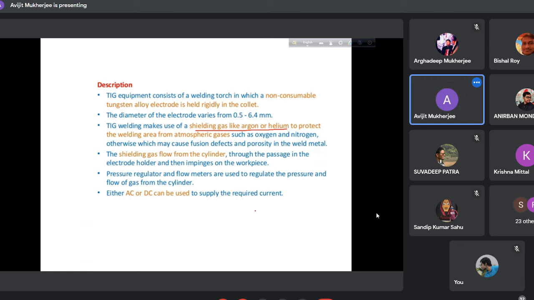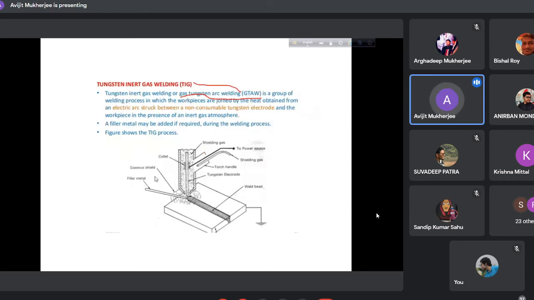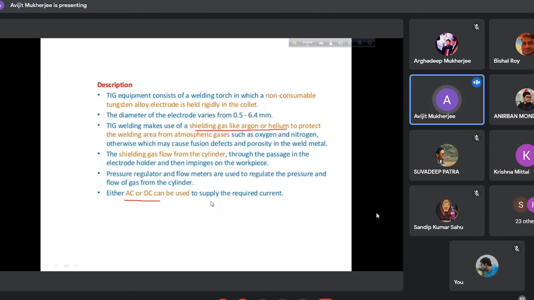Both DC or AC can be used. So these are some technical points, pressure regulator, etc. So you just go through any book systematically, jot down some points, and also draw the figures, good figures. Try to practice good figures.